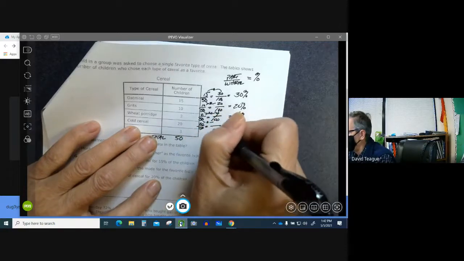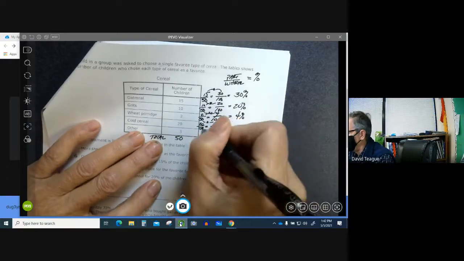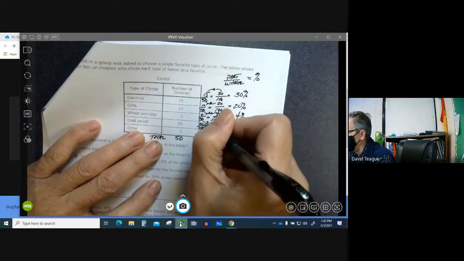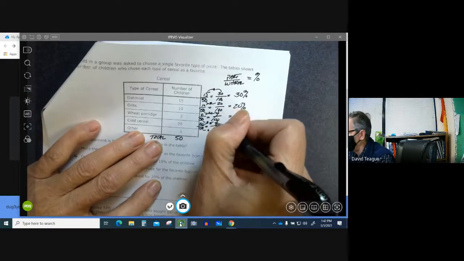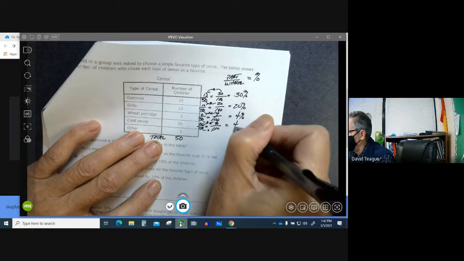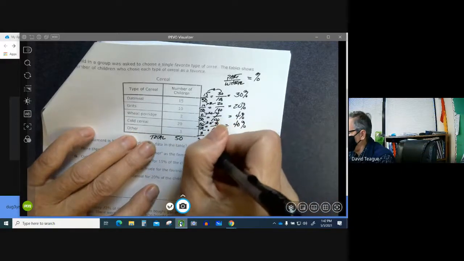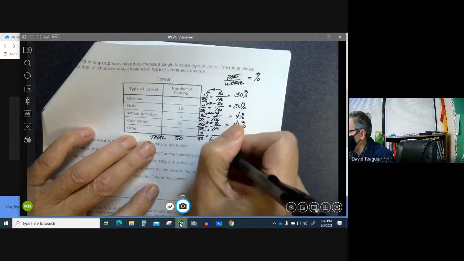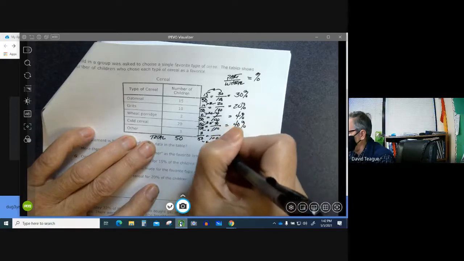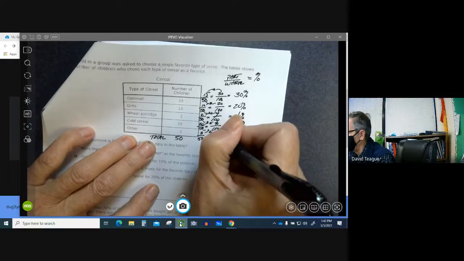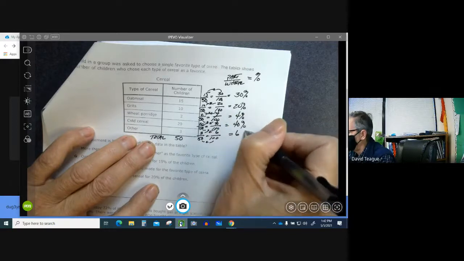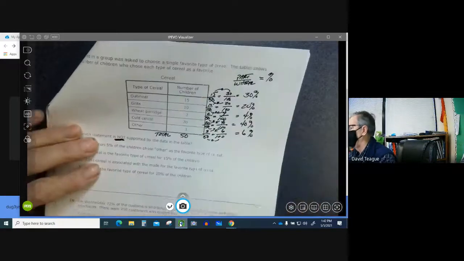I want an equivalent fraction with 100 in the denominator, so 50 times 2 gives me 100. 20 times 2 gives me 40. So that's 40%. And now I have 3 over 50. So 3 over 50, equivalent fraction of 100 in the bottom. 50 times 2 is 100. 3 times 2 is 6. So this is 6%. Okay.